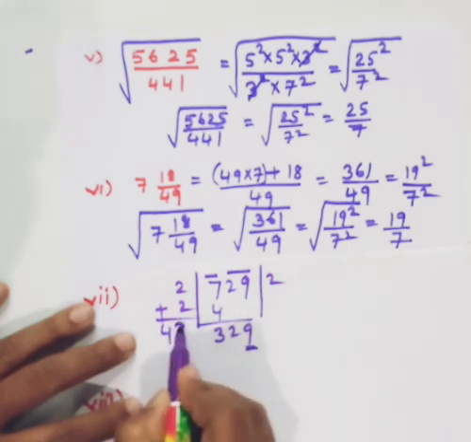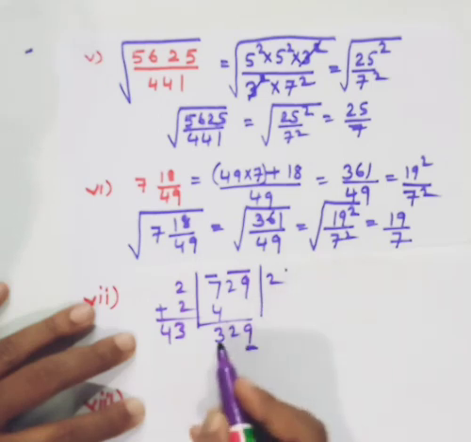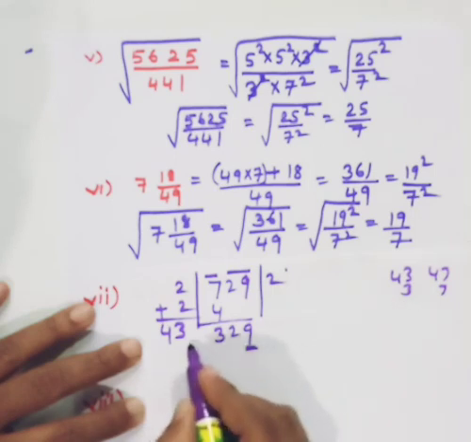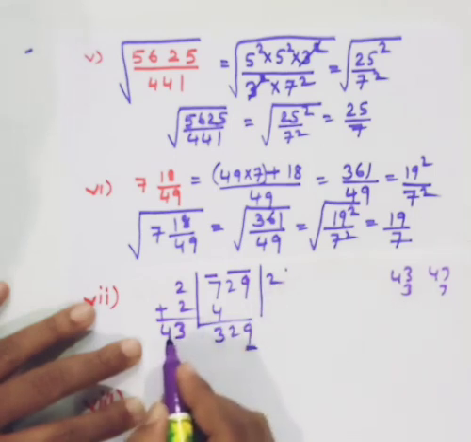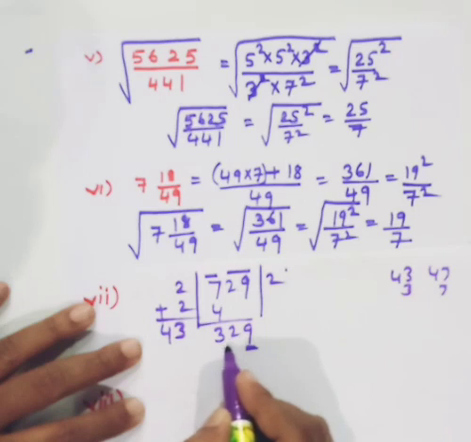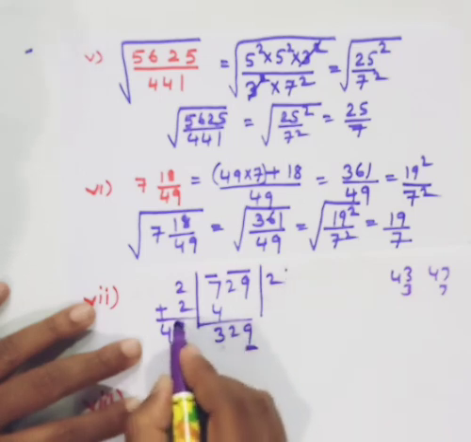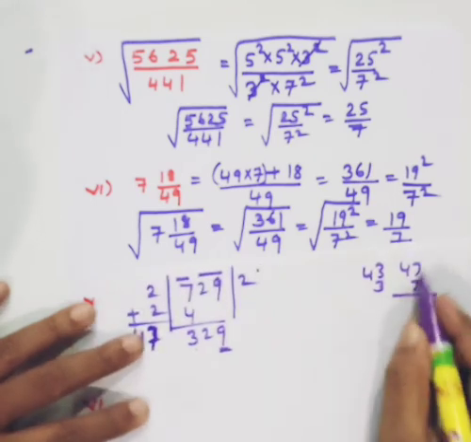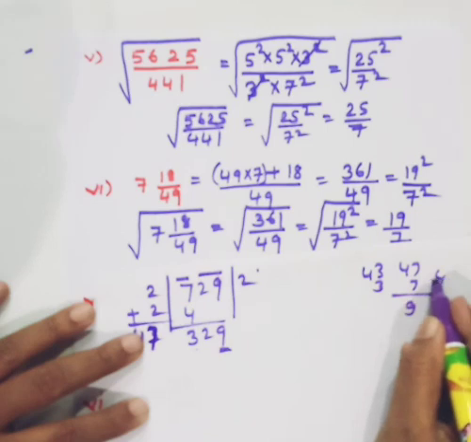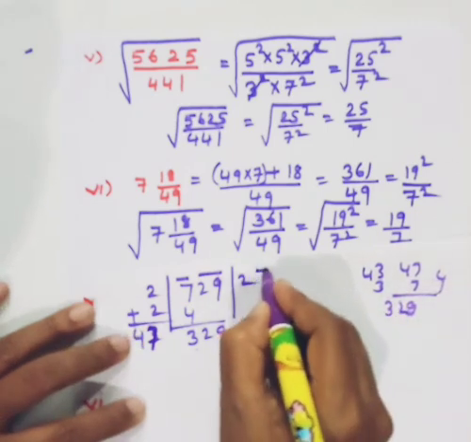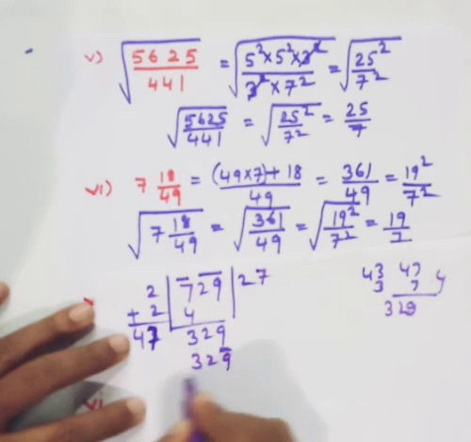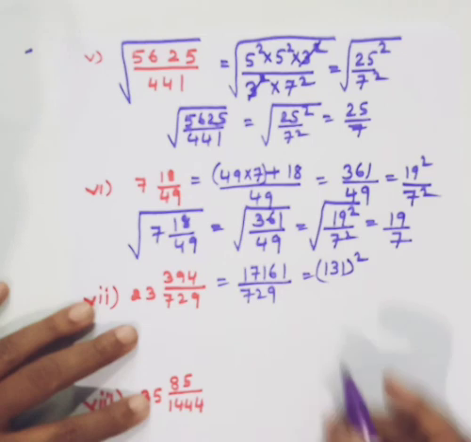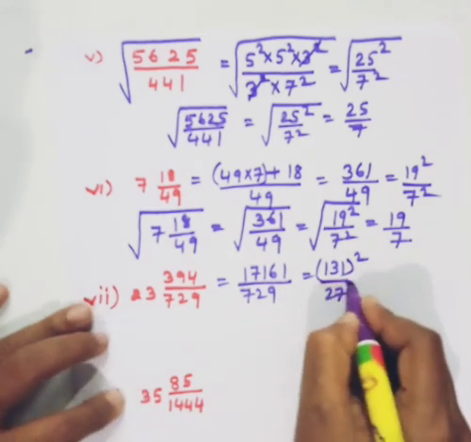So better take 7. 47 sevens are 329. 7 sevens are 49, 4, 28, 29, 30, 31, 32. So this is 7 times, 329. So children, you are getting how much? 27 square. This one is 27 square.